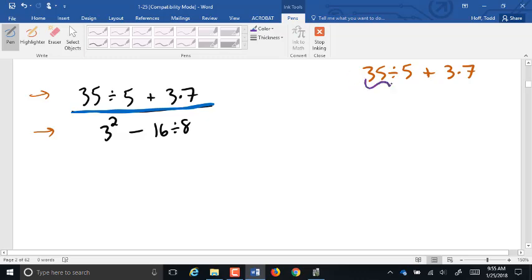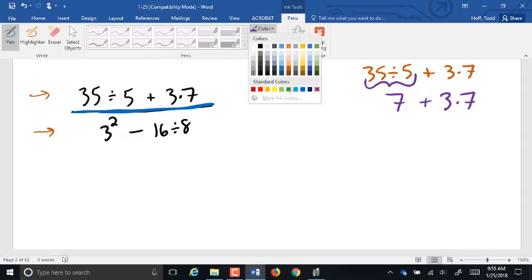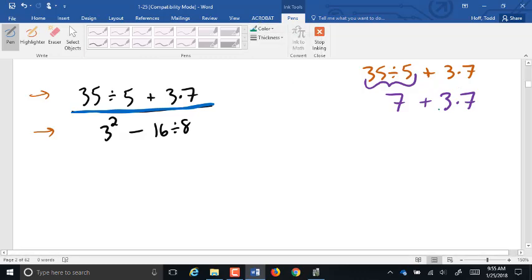So we've got 35 divided by 5 is 7. Then we would do multiplication. 3 times 7 is 21. And then 7 plus 21 is 28.